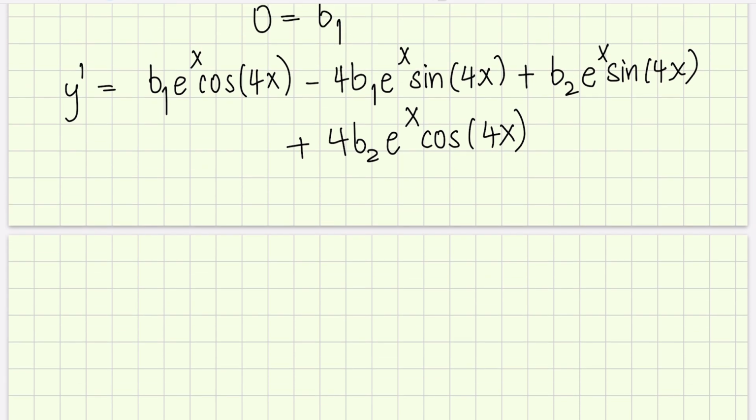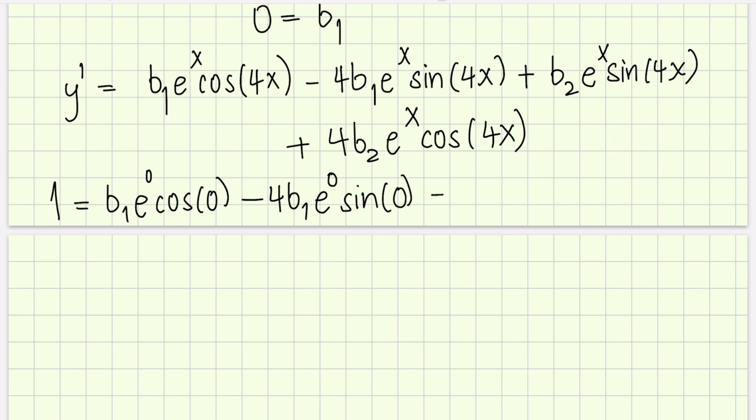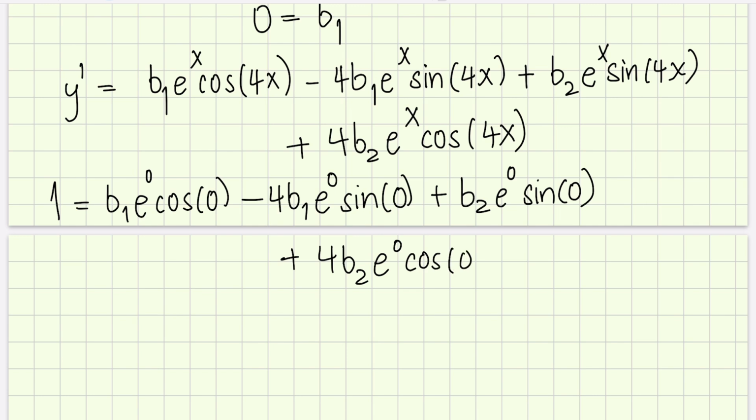Then I get 1 equals b1 e to the power 0 cosine 0 minus 4b1 e to the power 0 sine 0 plus b2 e to the power 0 sine 0 plus 4b2 e to the power 0 cosine 0.